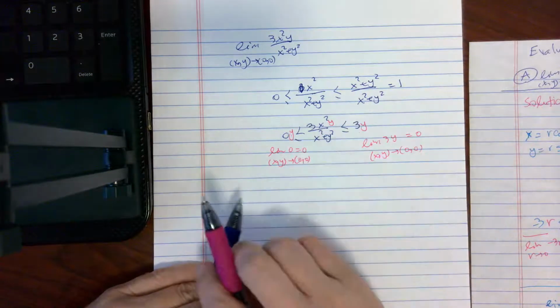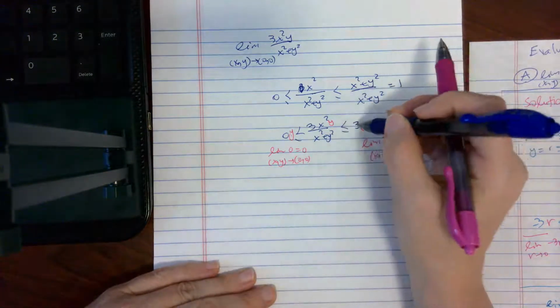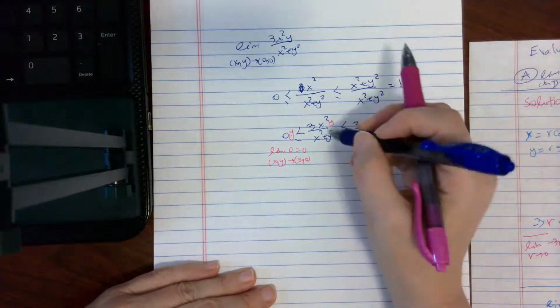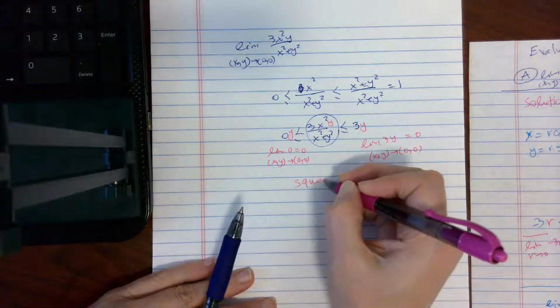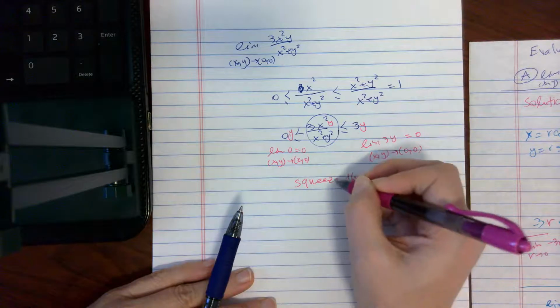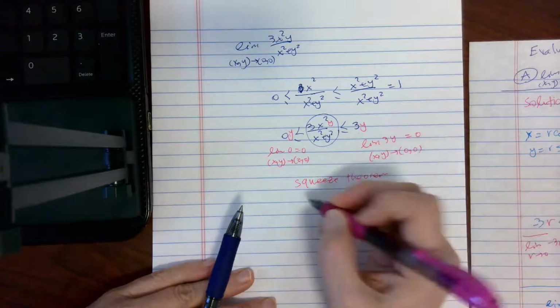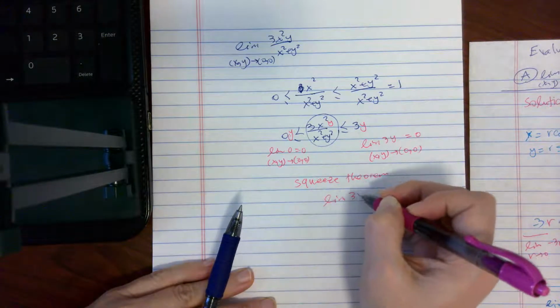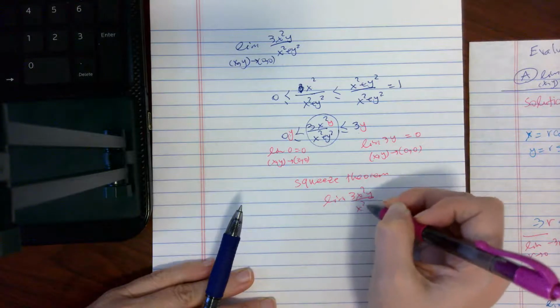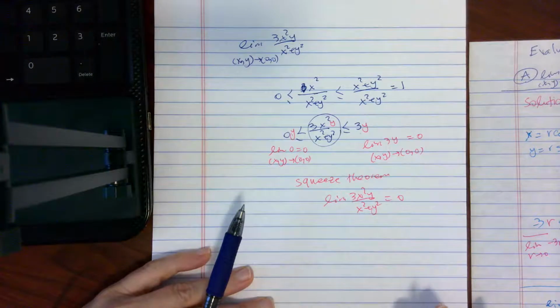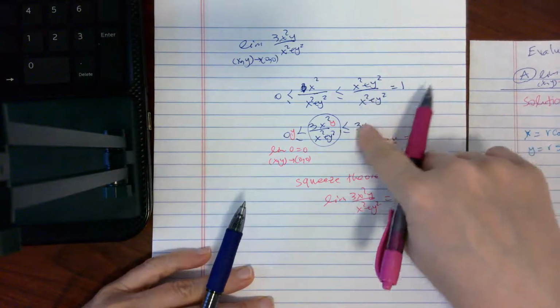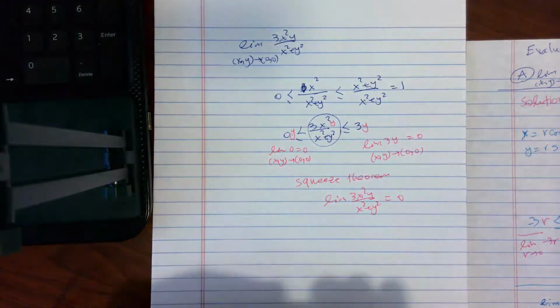So by the squeeze theorem, the limit of 3x squared y over x squared plus y squared is going to be equal to 0. So this is another method where you have to play algebraically and find something that works.